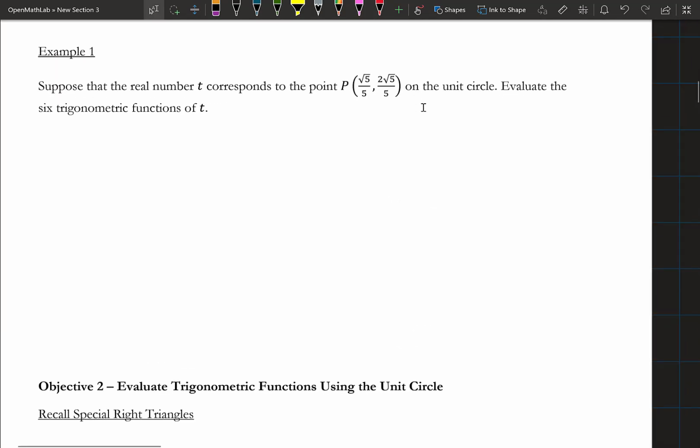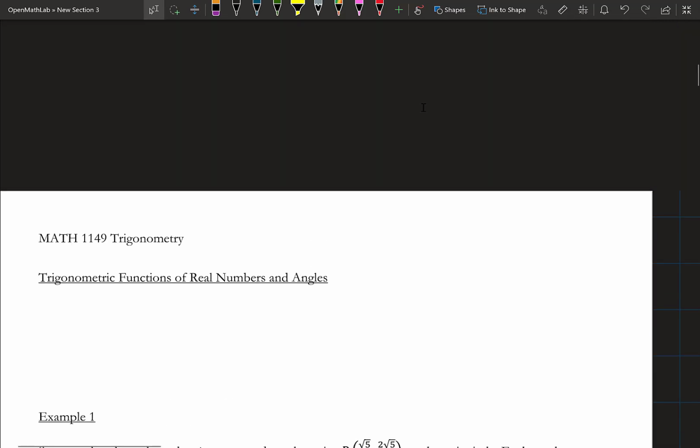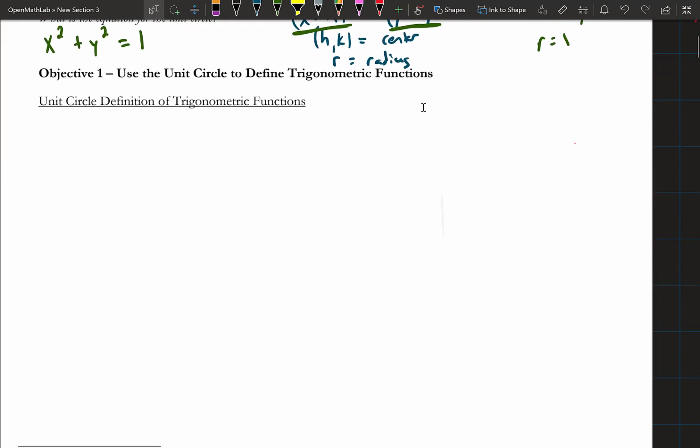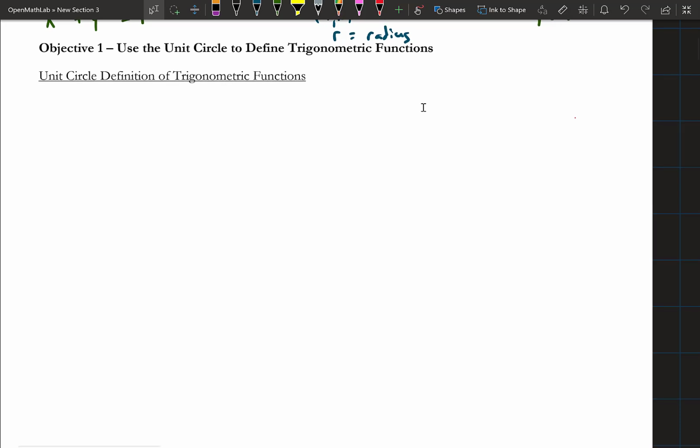So I have another example here. Before we get to that, I first need to fill this blank part out for objective 1. So we want to be able to use the unit circle definition of our trig functions, right? So let me show you where these come from, and I'll write these down at the bottom.